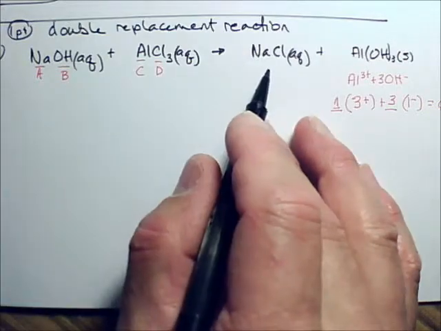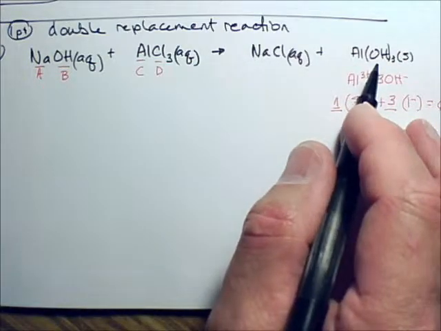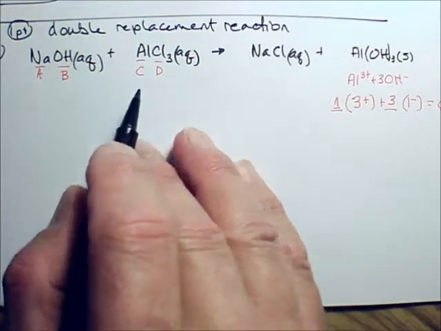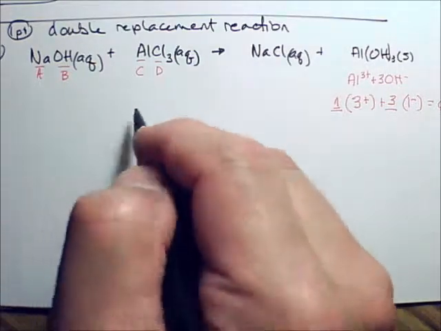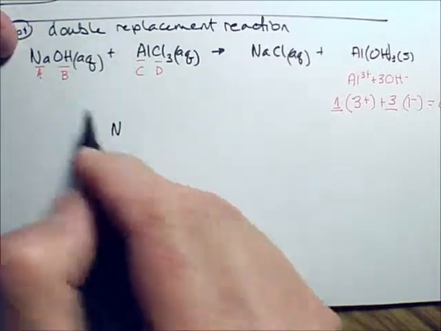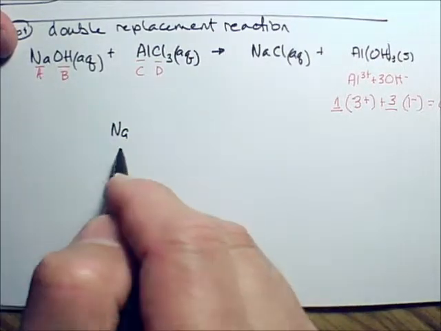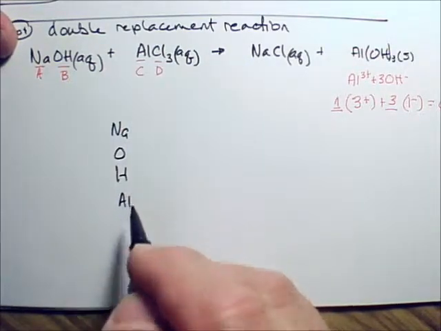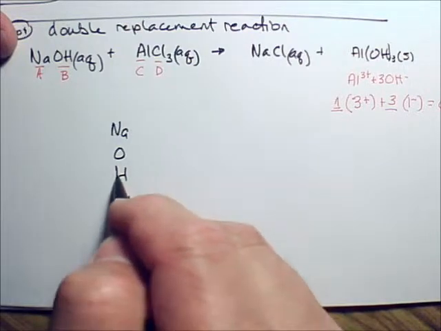And we predicted the products correctly. We balanced the products correctly. So now we're ready to balance the overall equation. We use the atom inventory chart, put down our elements: sodium, oxygen, hydrogen, aluminum, and chlorine.